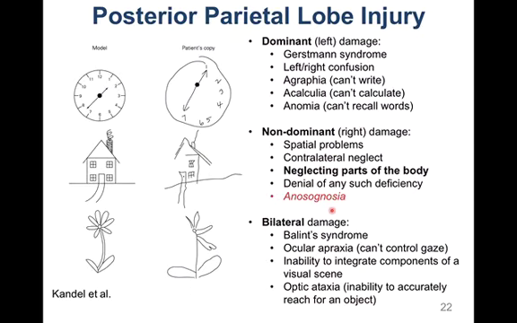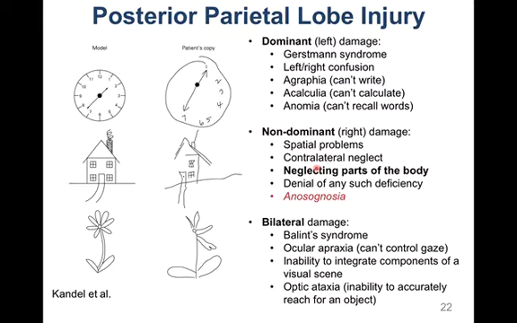All right, so let's continue on with non-dominant or right damage. So spatial problems, and even neglecting parts of one's body. We talked about the visuospatial issues, and often there's contralateral neglect. If the damage is on the right side, then an individual will often ignore things that are on the left.